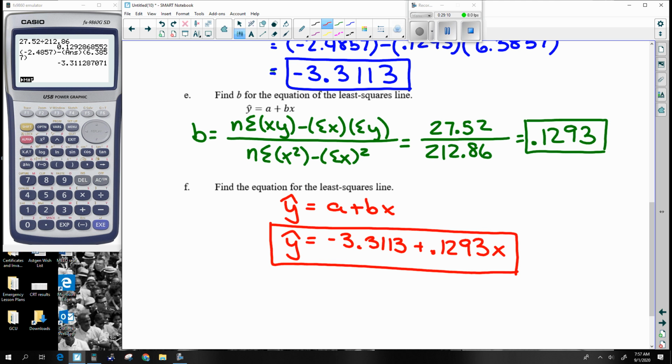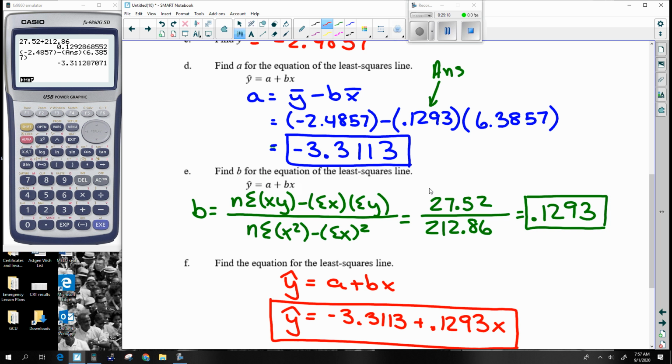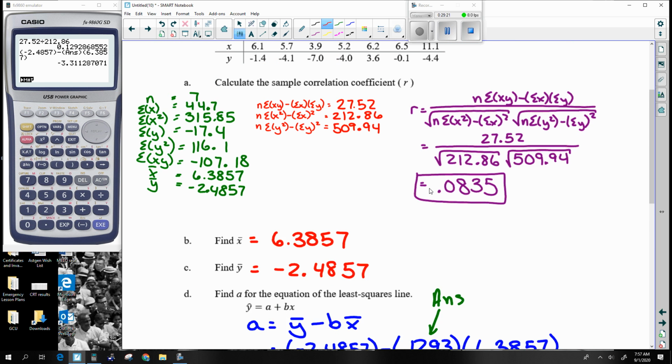That's it. Again, this is the equation of that perfect line of best fit, or least squares line, things like that. All right.